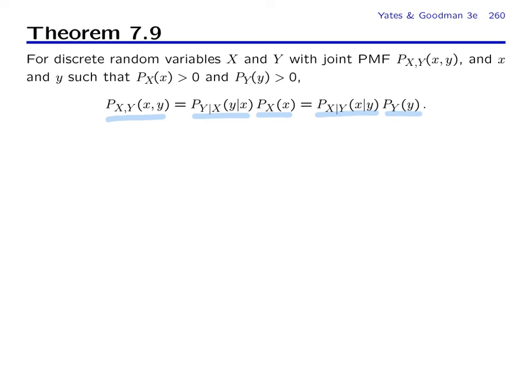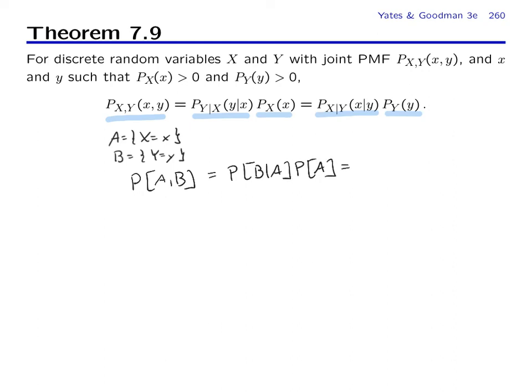When we think about the events A, that X equals x, and B, that Y equals y, we see that this theorem is just a restatement of an old friend, that the joint probability of A and B can be written as the probability of B given A times the probability of A, or as the probability of A given B times the probability of B.